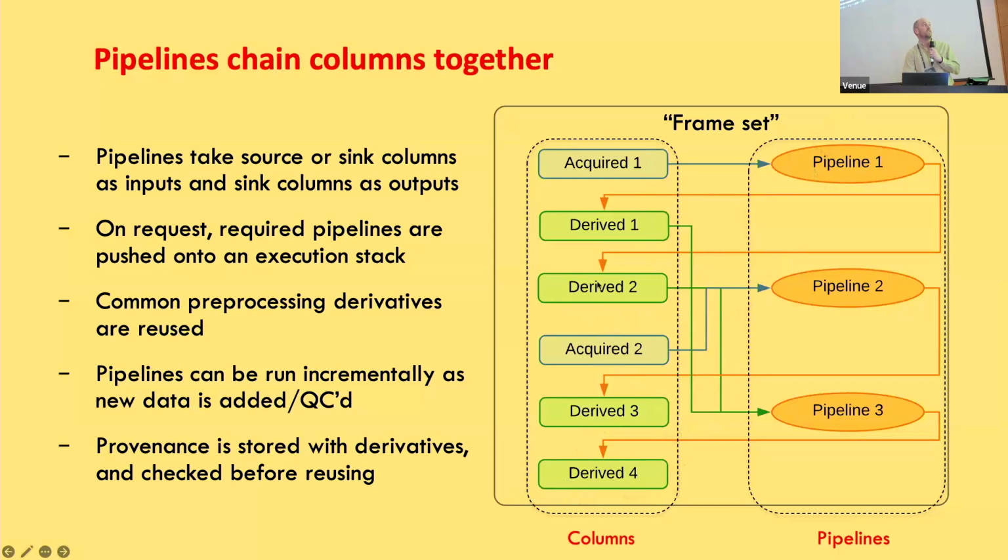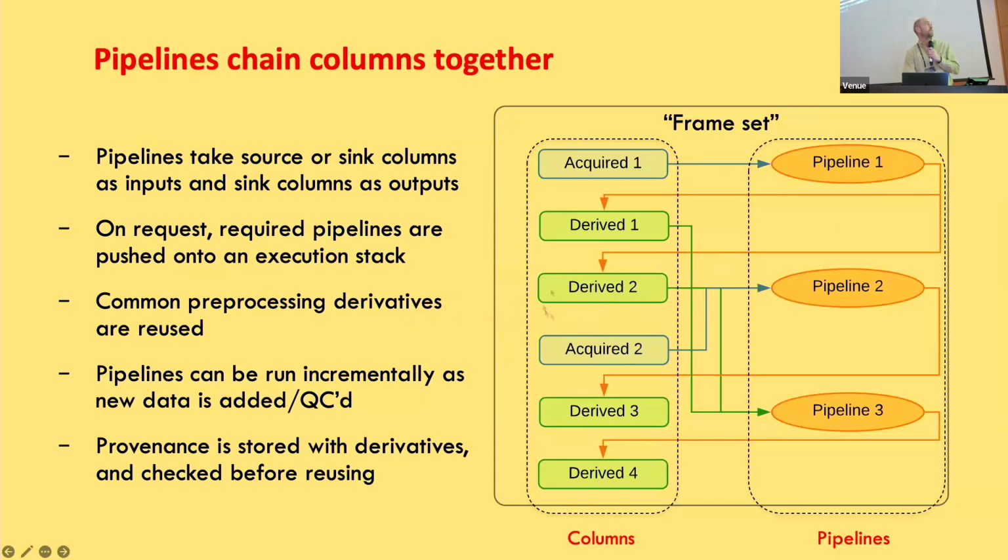But just say this derivative 2 has already sitting there within the repository, then at that point pipeline 1 doesn't need to be run for that particular session. So this enables common pre-processing derivatives, for example, surface meshes from anatomical scans, which get reused in multiple different types of analysis, to be reused.